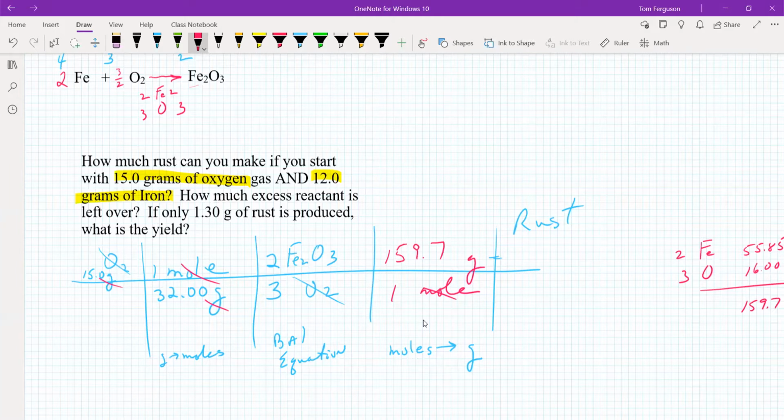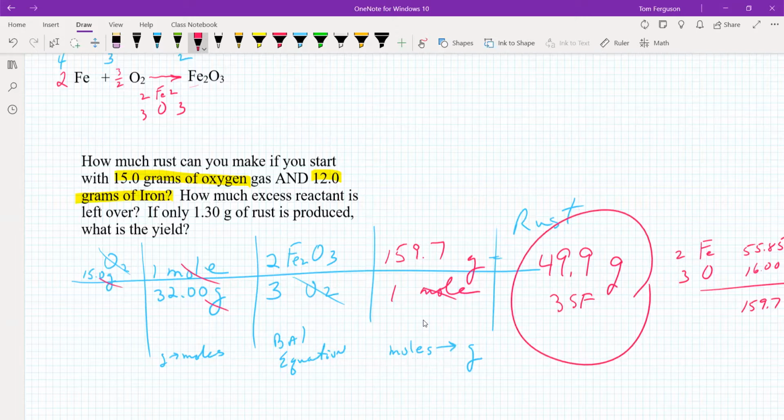Okay, and what is that going to be? 15 times 2 times 159.7 divided by 32 divided by 3. Looking at 49.9. Okay, so that's if we just look at oxygen.